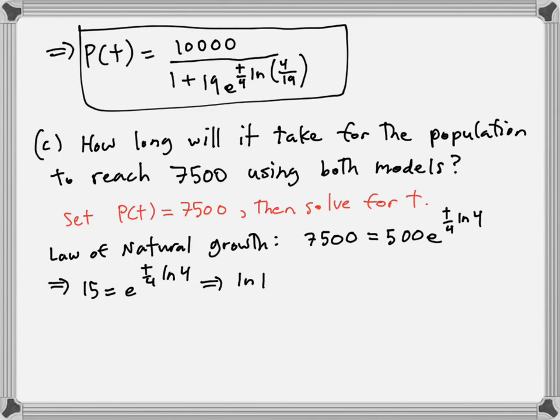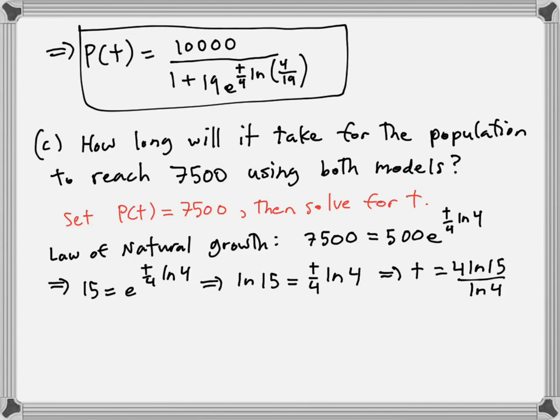We end up with the natural log of 15 is equal to t over 4 natural log of 4. Multiply both sides by 4 and divide by natural log of 4. You get the following. t is equal to 4 natural log of 15 divided by the natural log of 4. So we got our answer.